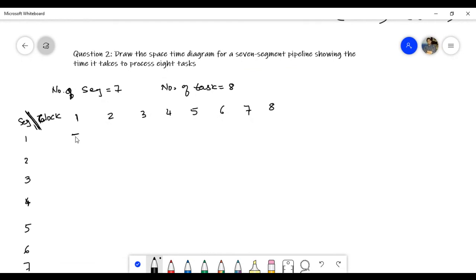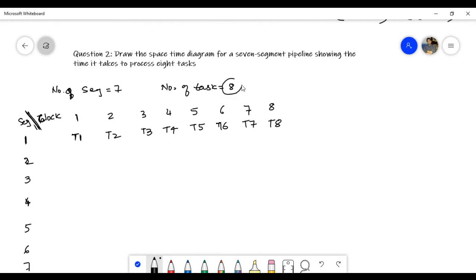So in segment 1, task T1, task T2, task T3, task T4, T5, T6, T7, task T8.